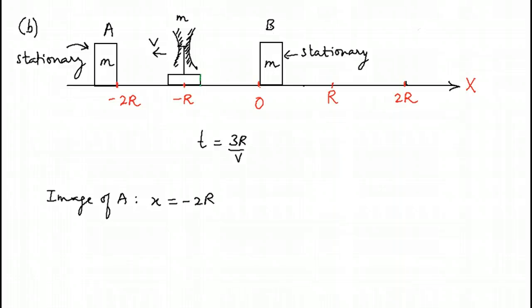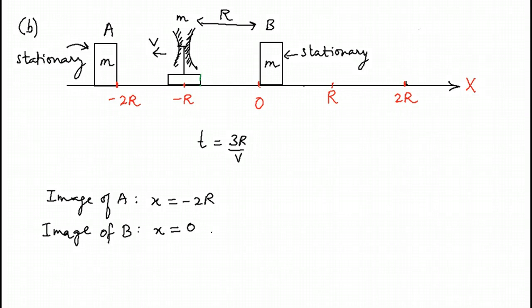Likewise, if you look at the object B, the distance between object B and its corresponding mirror is once again r. Quite clearly B is placed at the center of curvature of this mirror, and so the image of B will be formed at the same point, that is at x is equal to 0. x equal to 0, and that would be the answer of part B.